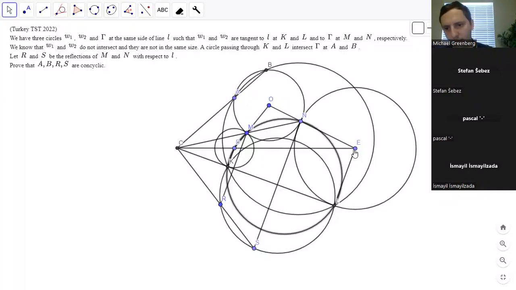But NLK is going to be 90 minus angle NLE, which is 90 minus NLE, half of NEL.